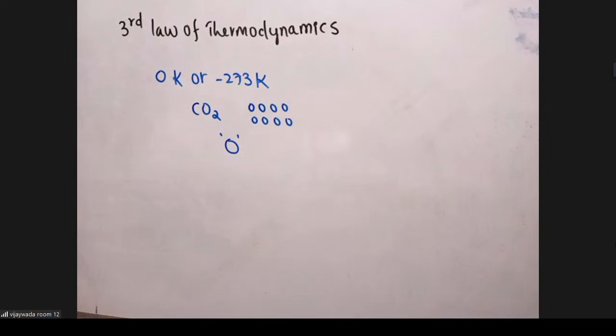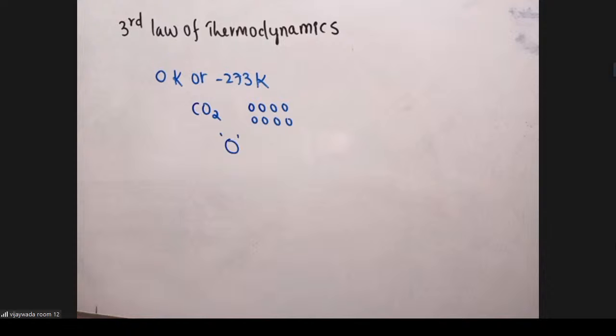That is the third law of thermodynamics. Very simple. At absolute zero temperature, the entropy of a perfectly crystalline solid is zero. Students, that is the third law of thermodynamics.